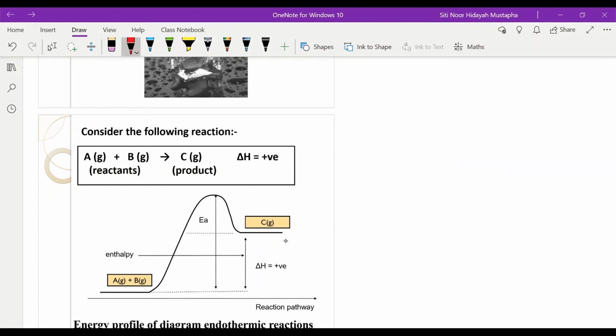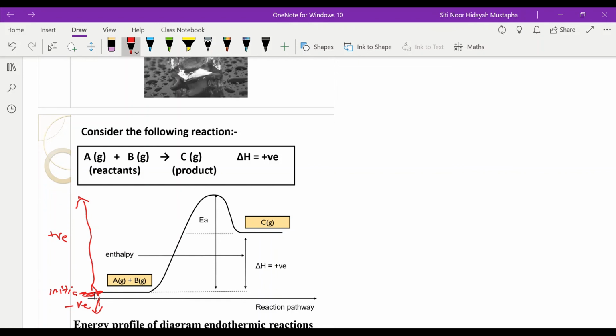If you draw your proper energy profile over here, this will be your starting initial reactants. So the reactants are over here, and this energy value will be your initial point. Above it is positive, lower than it will be a negative value of enthalpy.